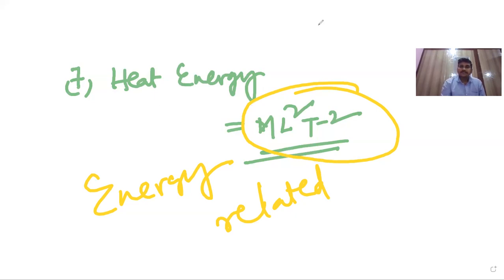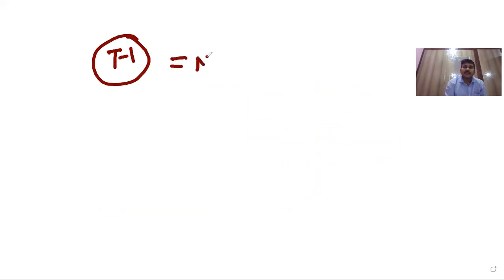Let us see some more physical quantities which are having the dimension formula of T minus 1. That is, if you want to write specifically, M to the power of 0, L to the power of 0, T to the power of minus 1.